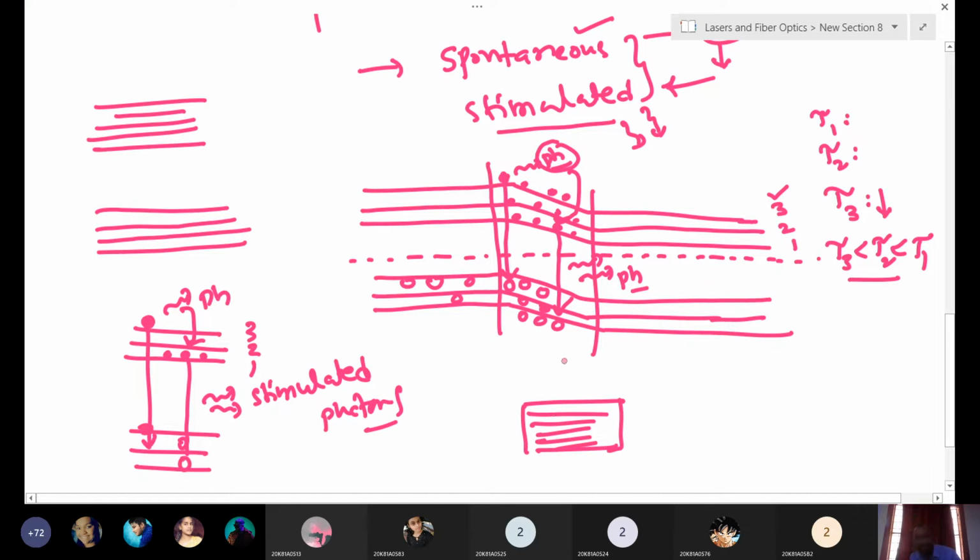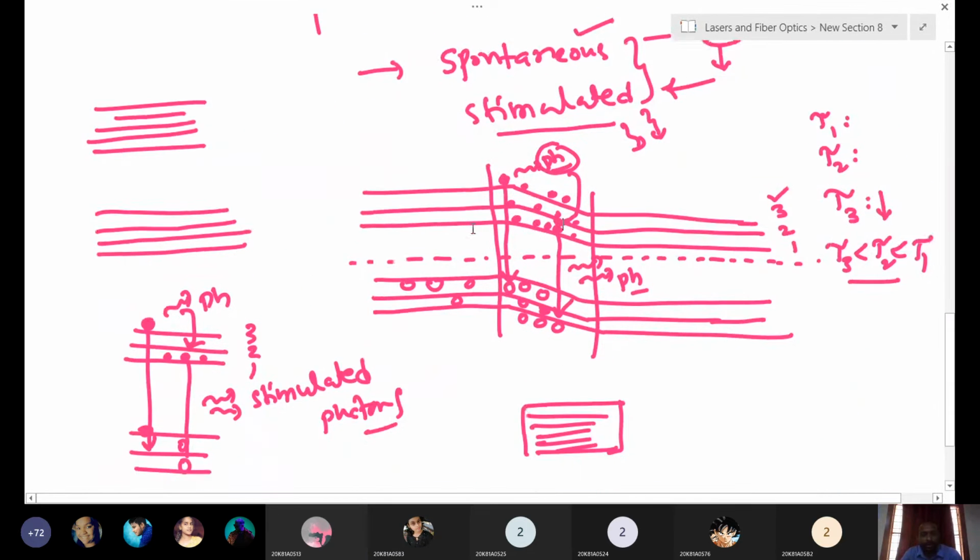These photons trigger the remaining electrons in the lower energy states. Whatever photons are emitted in the spontaneous emission will start the stimulated emission process, by sending electrons to the ground state. Then we get the stimulated photons. Is this concept clear to everyone?